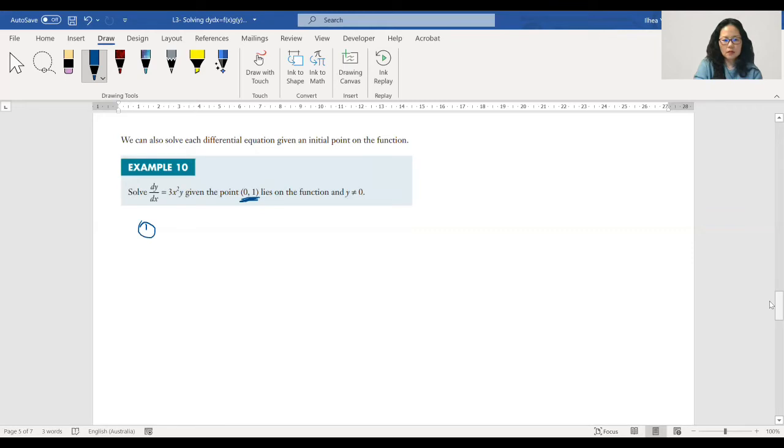So it's going to be dy over y. Now think about how I did that. I moved the y on the right hand side to the left, so it becomes 1 over y. And then what I've got left on the right hand side is 3x squared dx. Okay, and then I'm going to integrate.